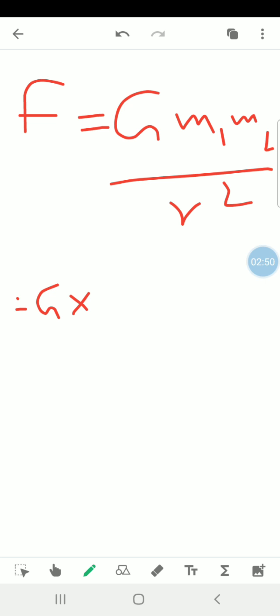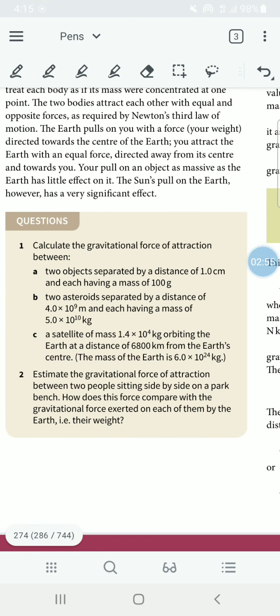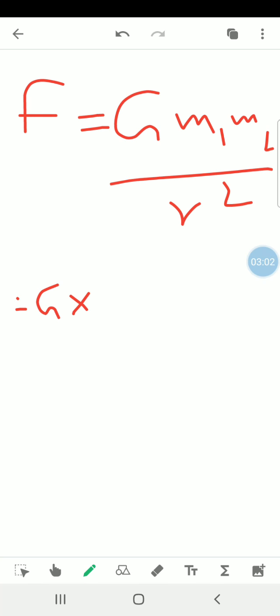And then now these objects, two asteroids separated by a distance of 4 into 10 to the power 9 meters and each having a mass of 5 into 10 to the power 10 kilograms. So we have to take that value.